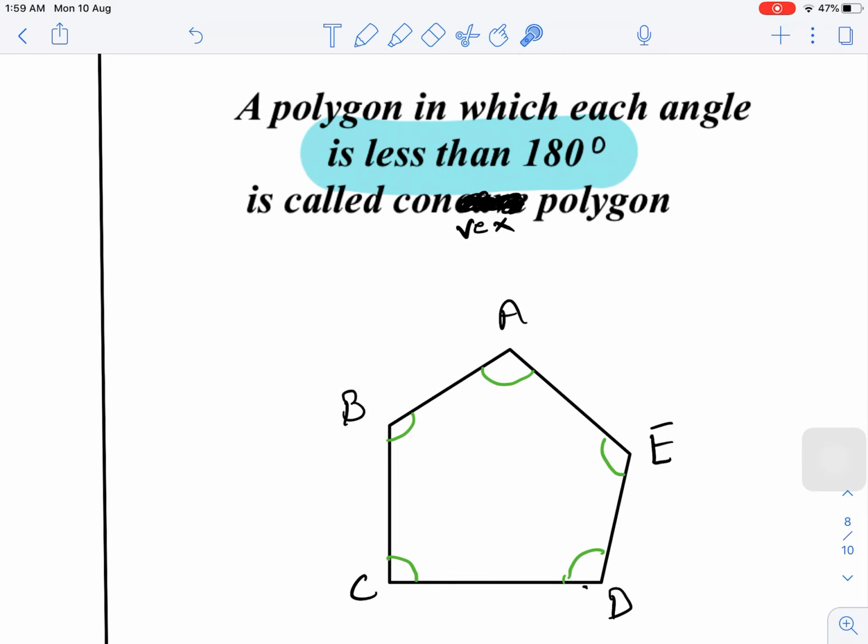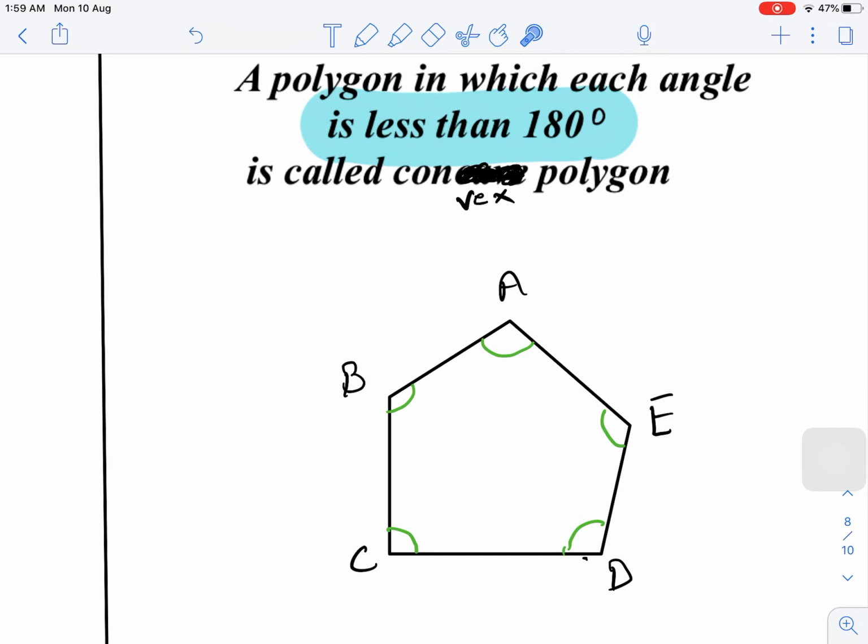Now here in this figure we can see angle A. First, is the figure a polygon? Yes, it is a closed figure made up of line segments, so it is a polygon. Now how many sides does it have? 1, 2, 3, 4, 5. Since it has 5 sides, what must be the name of this figure? Yes, it is a pentagon. Now in this pentagon we can see that each of the angles which are marked in green is less than 180 degrees.